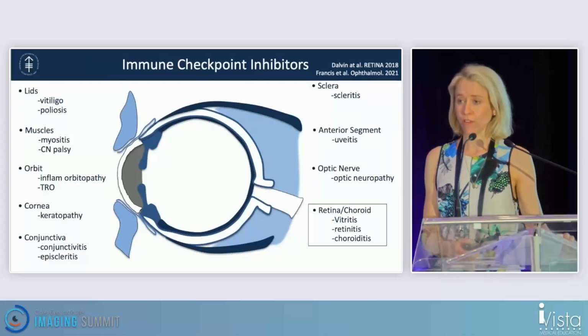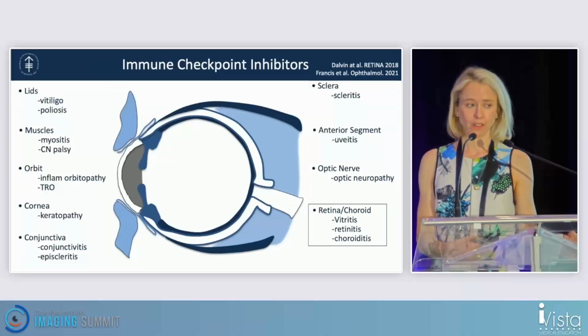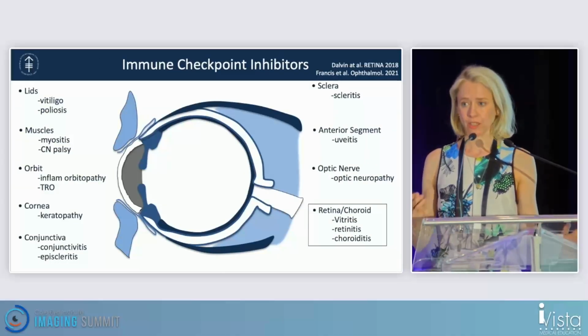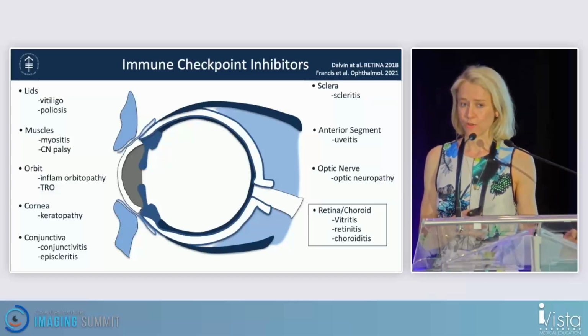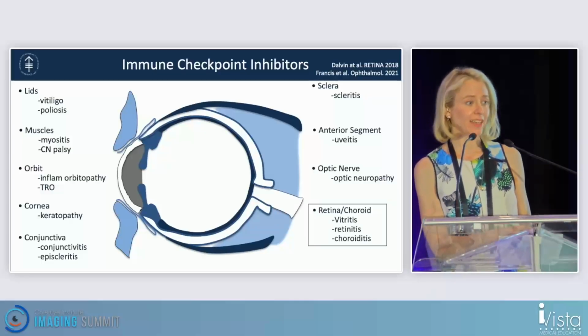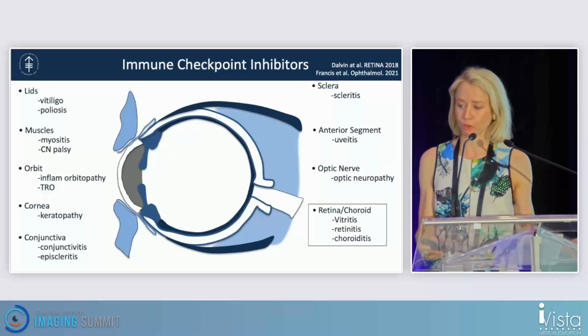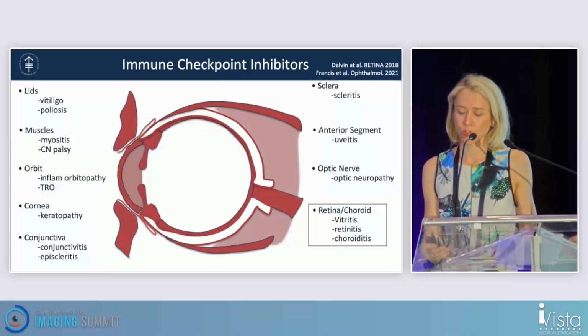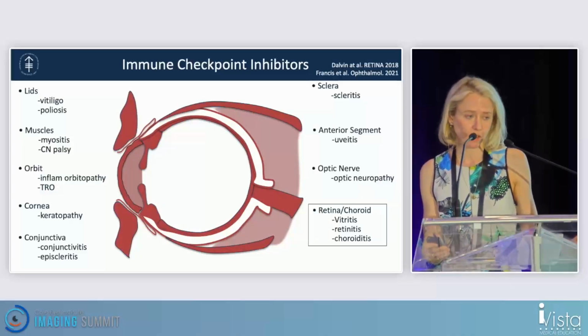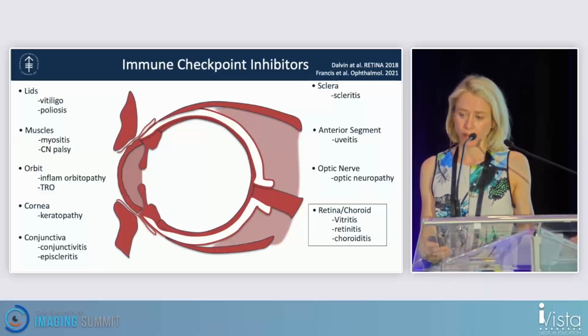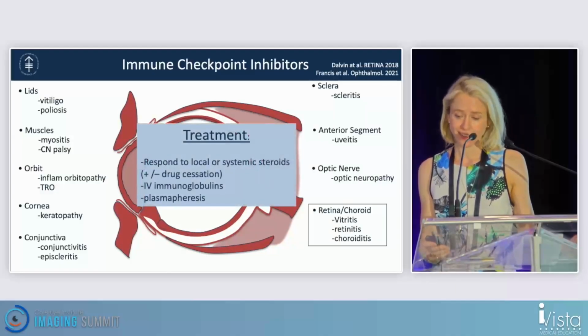So it would follow that if you can have unleashed inflammation, then you can potentially see an inflammatory response anywhere in the eye, in any layer. So truly, if you can imagine an area that could be inflamed, you are correct.